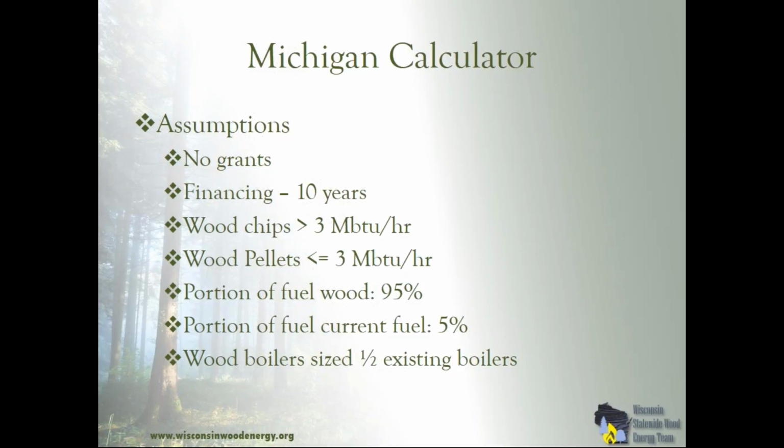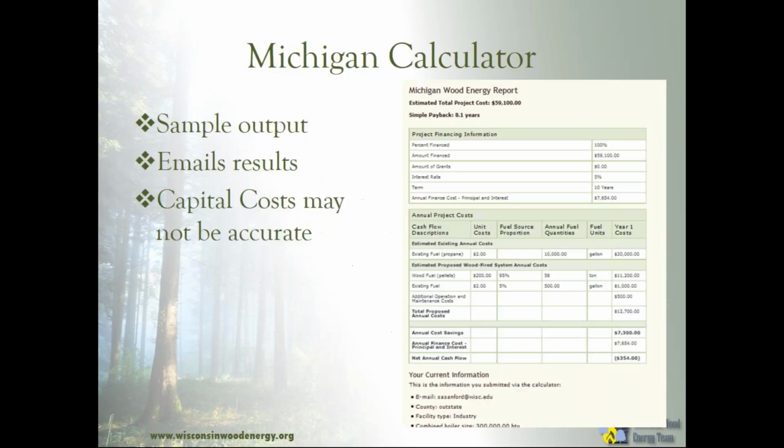It's going to assume that you're going to use 95% wood and 5% of your current fuel. And the wood boiler is basically sized at half the existing boiler for this site. So in that case, you're going to probably want thermal storage to cover peaks and valleys, or your current boiler will act as your backup.